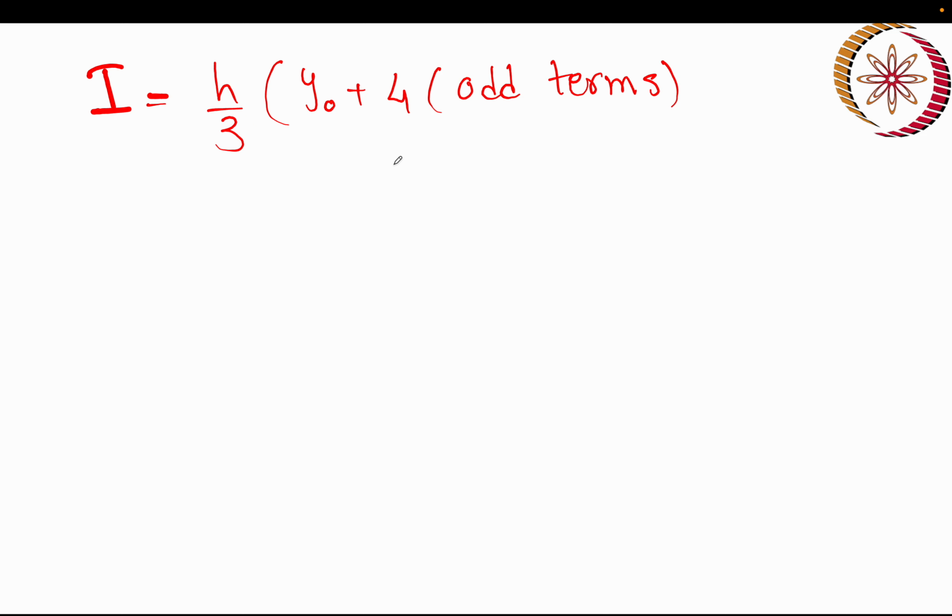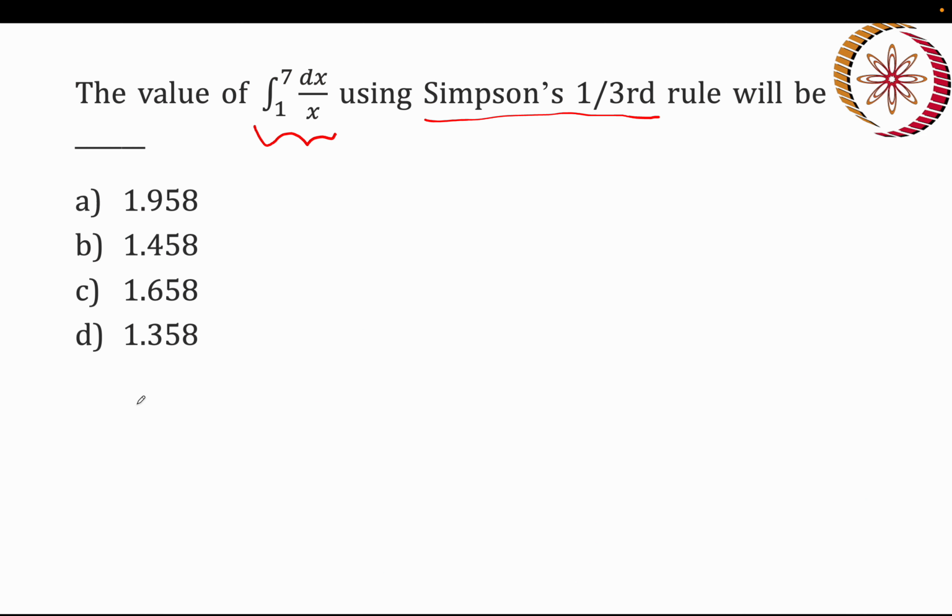So in general we can write this as h by 3 times y0, plus 4 into odd terms, and 2 into even terms, and yn. So this is the Simpson's 1/3 rule.